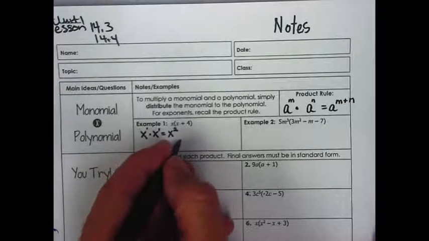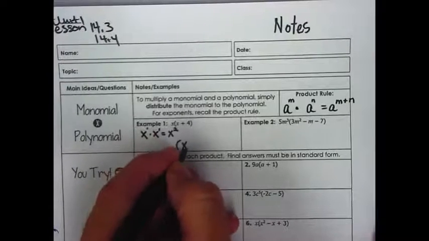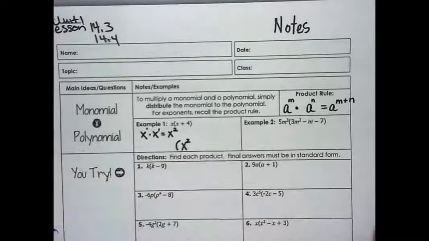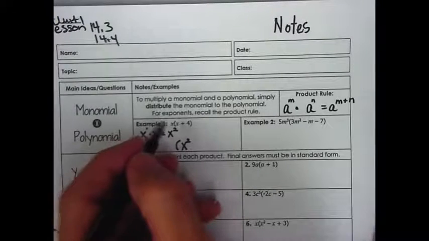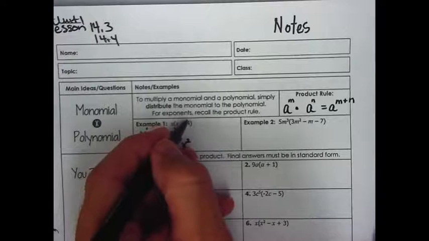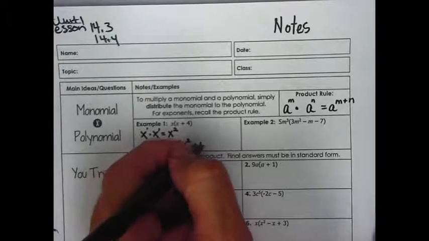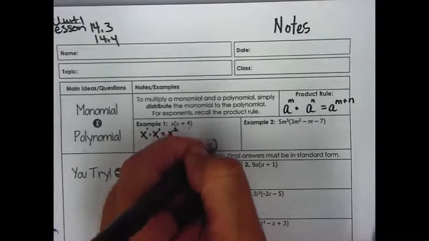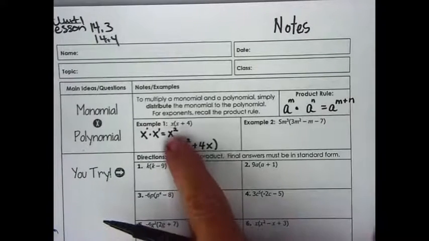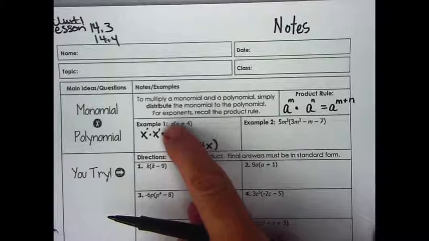So inside the parentheses, the first thing I'm going to have is x squared. And then I multiply x times the 4, I'm simply going to get 4x. I have successfully multiplied x and x plus 4.